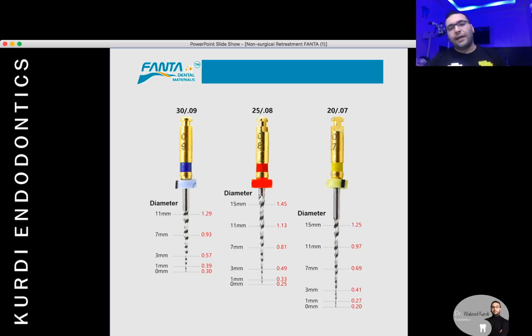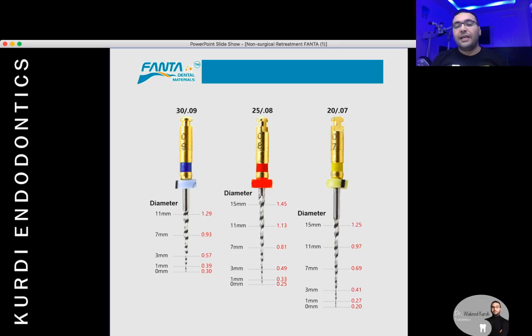And here I have to mention this great Fanta retreatment kit. They have 3 files. The first one is 30/09, the second one is 25/08, the third one is 20/07.